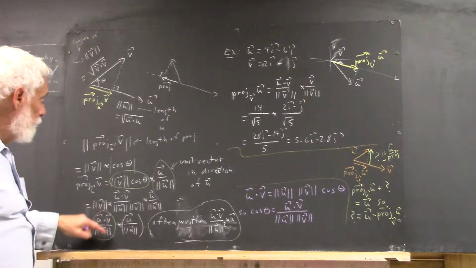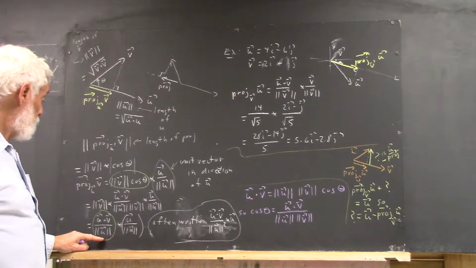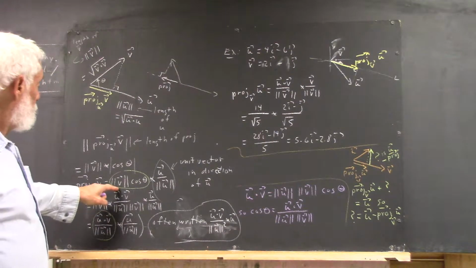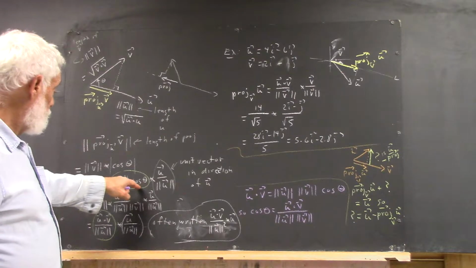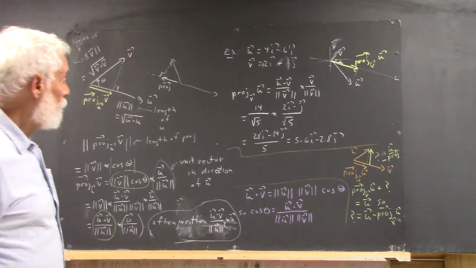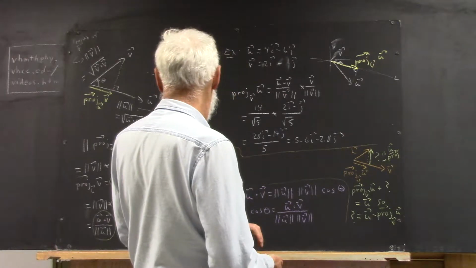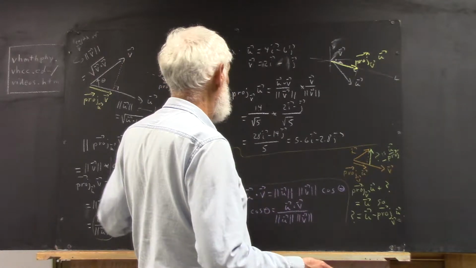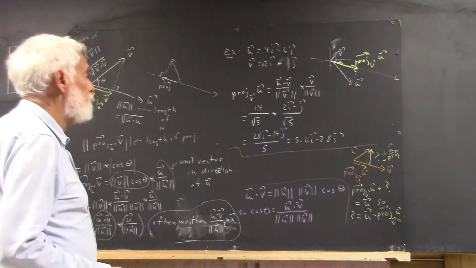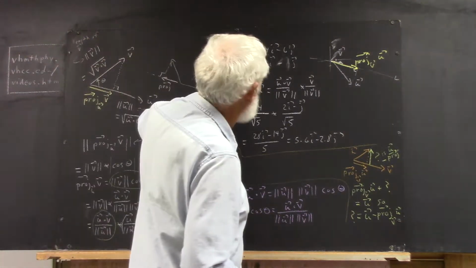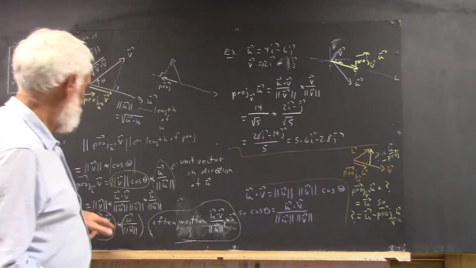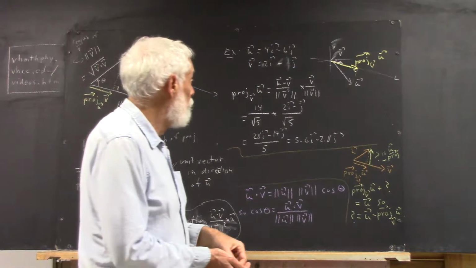Remember that u dot v over magnitude of u is just equal to magnitude of v times cosine of theta. Okay, well, we're going to use this because I have opposite notation here.